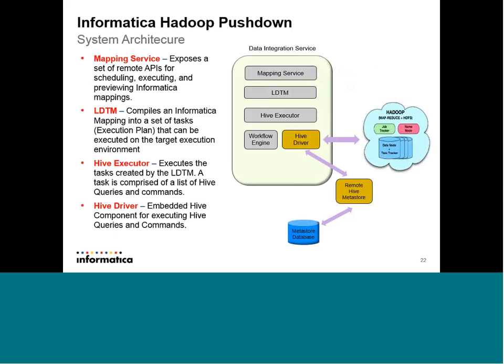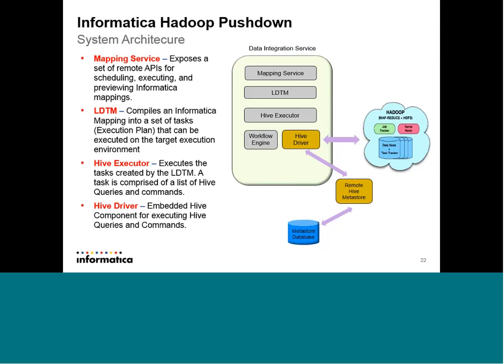Now, let's look at the system architecture, how Informatica does a pushdown. The data integration service has components like the mapping service, the LDTM, a Hive executor and a Hive driver. The mapping service provides some APIs for the Informatica mappings to run, and LDTM compiles the Informatica mapping into a set of tasks that can be executed on the Hadoop environment.